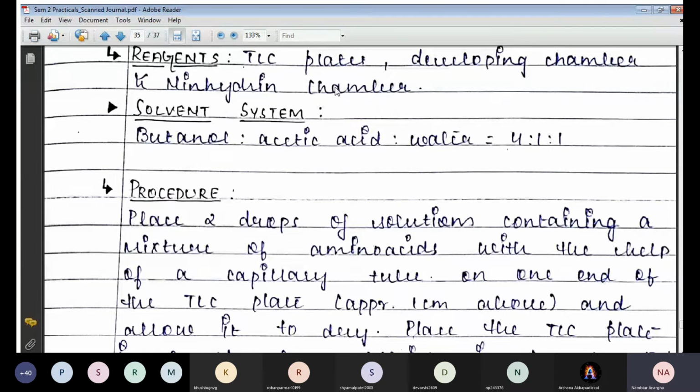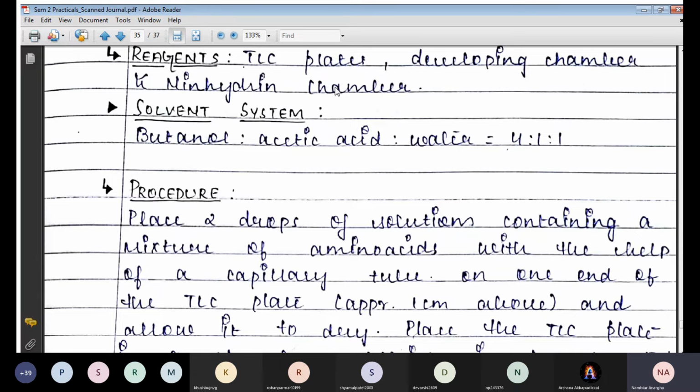After the run, we take out the TLC plate and allow it to air dry. Once it has been air dried, we dip our TLC plate into the ninhydrin solution. There are different methods to do that. We can also give a ninhydrin spray. However, in our lab we use a ninhydrin solution prepared in RS, that is rectified spirit.